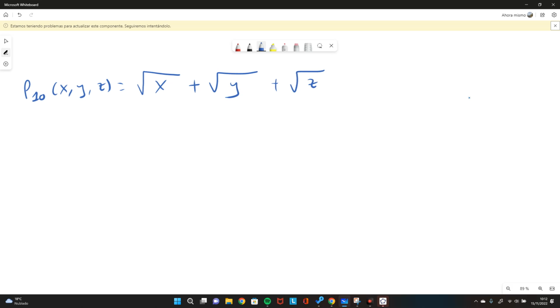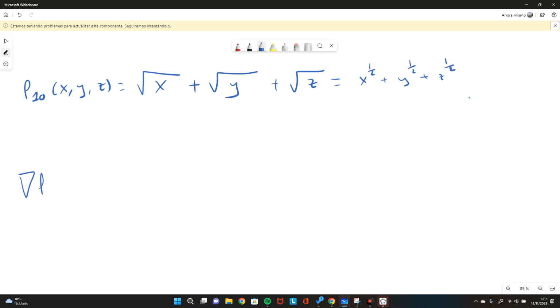And this is again something similar as before. I usually write this as x to the power of 1/2, or 0.5, plus y to the power of 1/2 plus z to the power of 1/2.